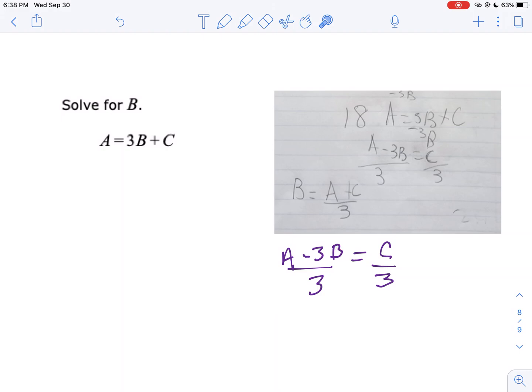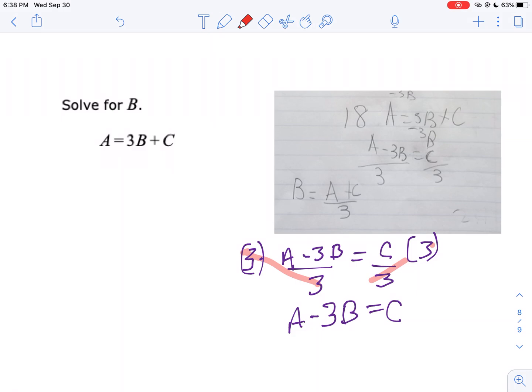So the first thing, now that we've done all this work, we're going to do more work. We're going to multiply both sides by 3 so you can get b by itself. So then we get a minus 3b equals c. Because notice the 3's reduce on each side. So in other words, I'm undoing that last step you did.